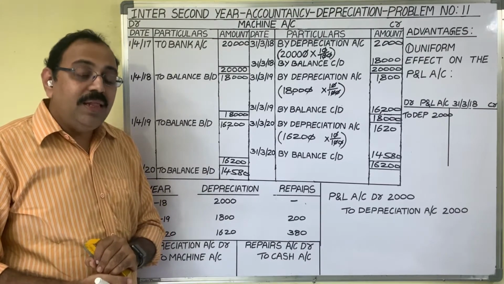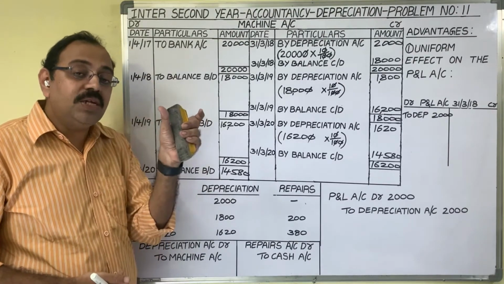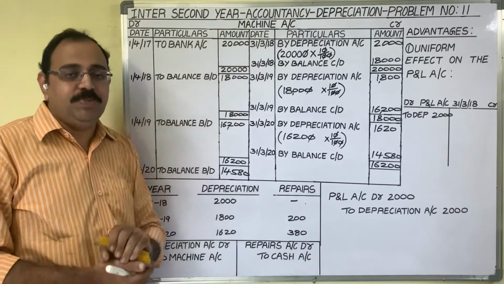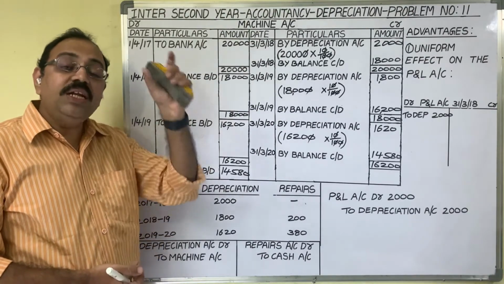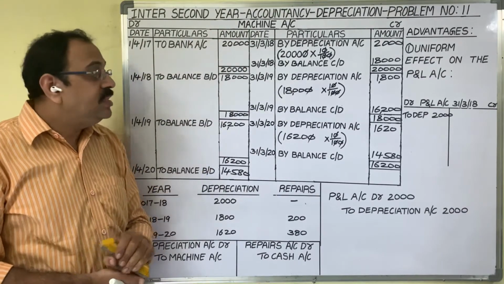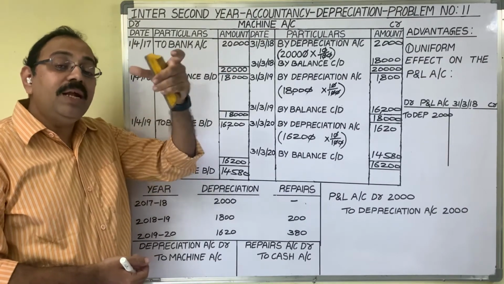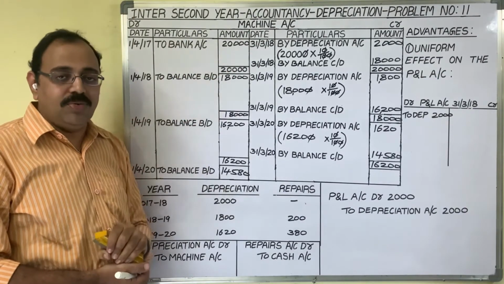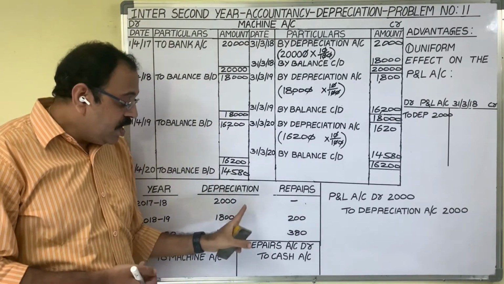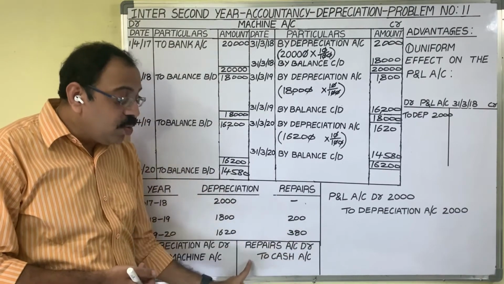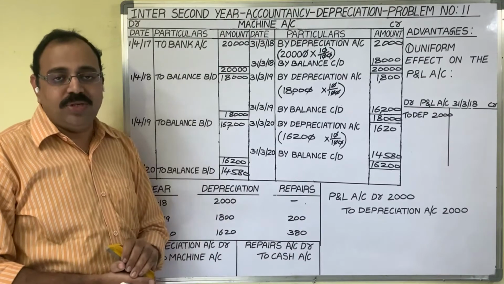In that case, that repair charges are to be treated as capital expenditure. Then what is the entry for that repair expenditure? Just like for installation charges, we should debit that repair charges to asset account. Then entry will be machinery account debit to cash account or bank account.